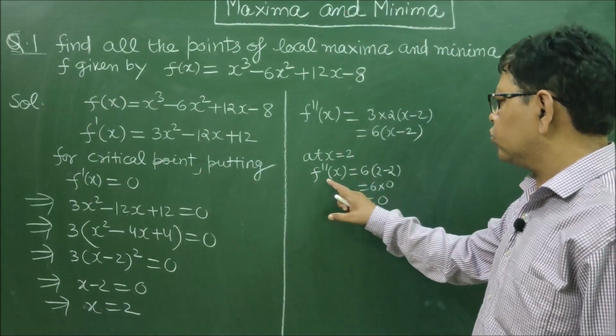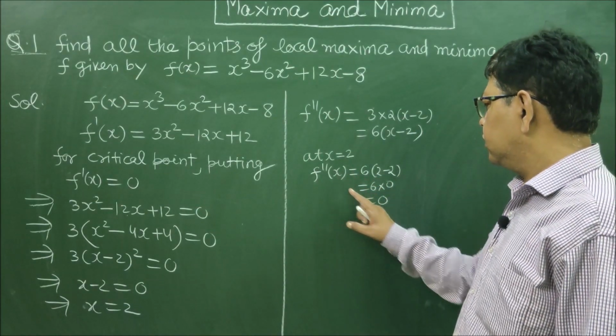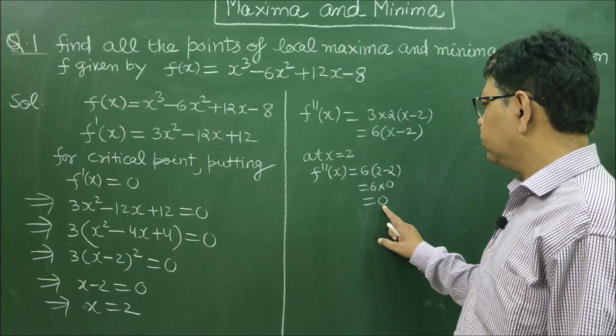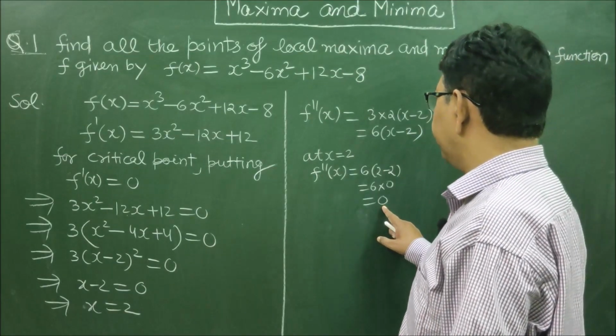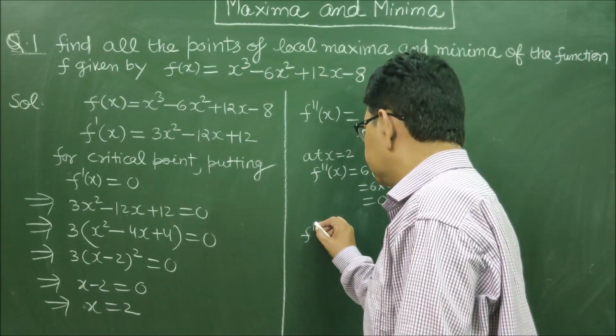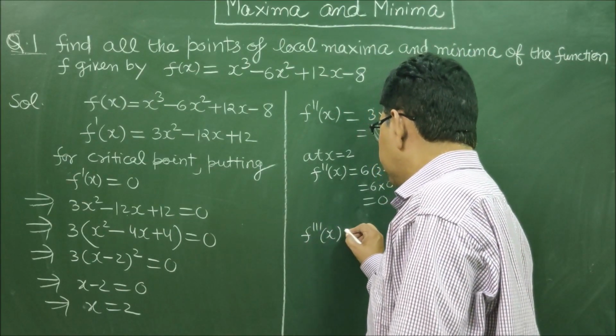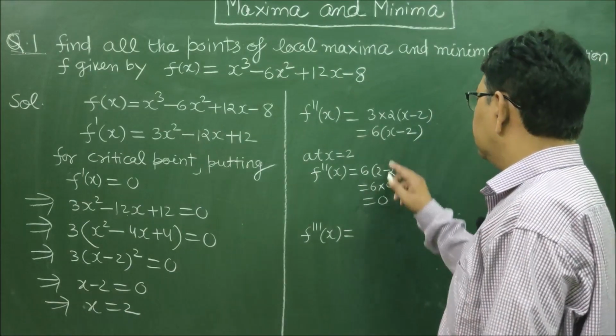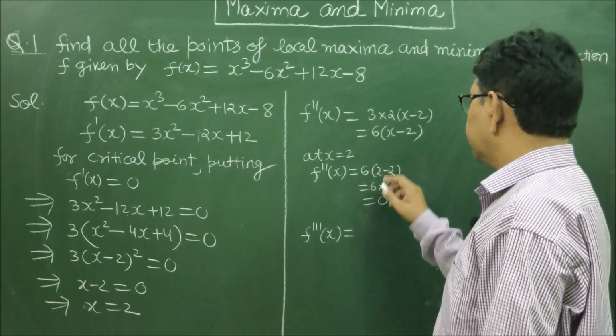At x is equal to 2, f double dash x is equal to 0. So now let us find f triple dash x, which is equal to 6.